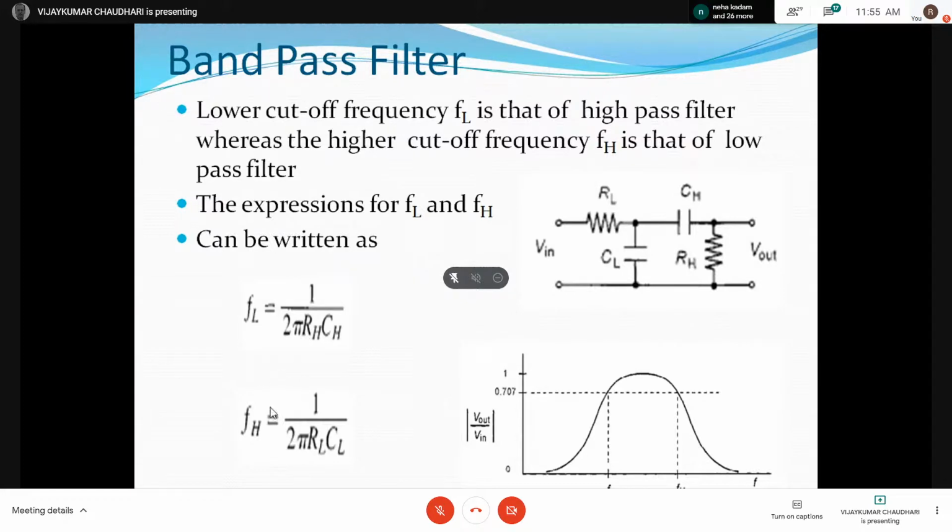FL is of high pass and FH is of low pass. They are termed like that because this is the higher frequency and this is the lower frequency. That's why they are called lower and higher cutoff frequencies. Otherwise, this corresponds to the high pass filter and this corresponds to the low pass section of the filter. Okay.